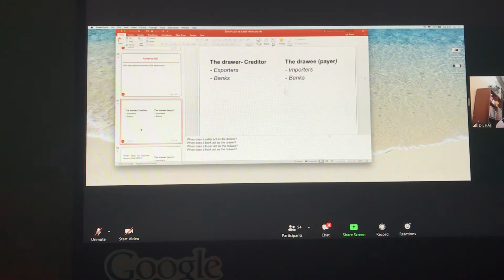Okay, so in international transactions, we have two parties that can be a drawer. First one is exporters. The second one is banks. I mean commercial banks, but not the state bank. Commercial banks, ngân hàng thương mại. State bank, ngân hàng nhà nước, I mean ngân hàng trung ương.